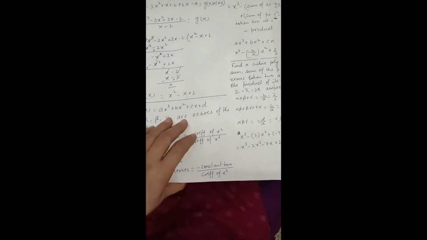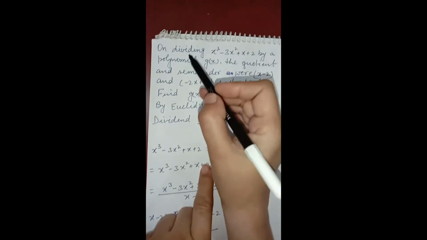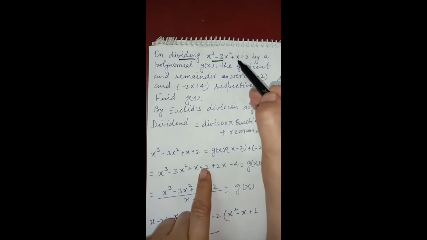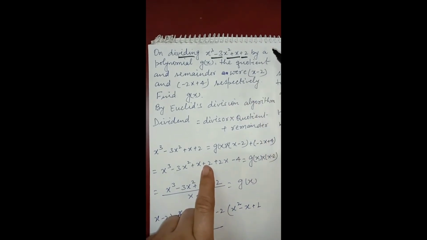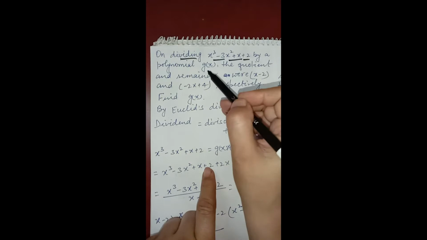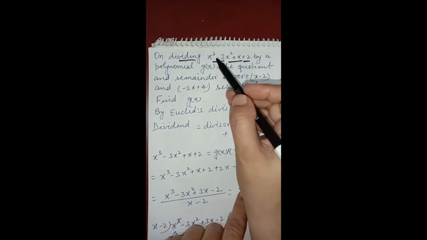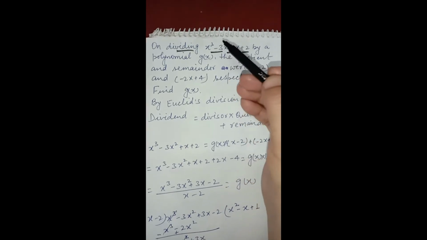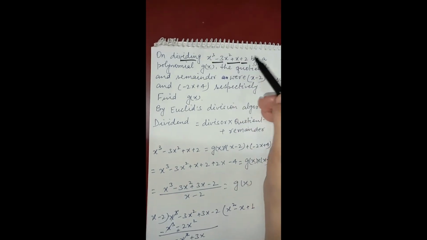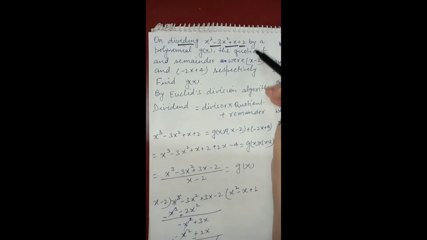Now I'll continue with the next problem. Next is, on dividing x cube minus 3x square plus x plus 2 by a polynomial g(x). We don't know the polynomial g(x). We are given this polynomial; let us take it as f(x) or p(x), whatever you want you can assume.